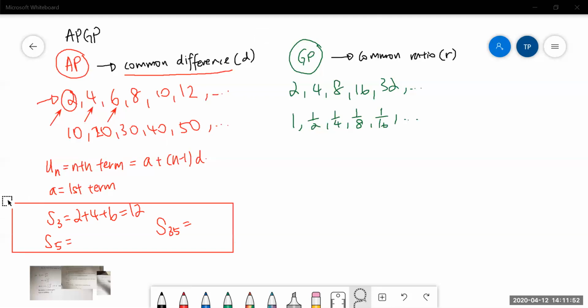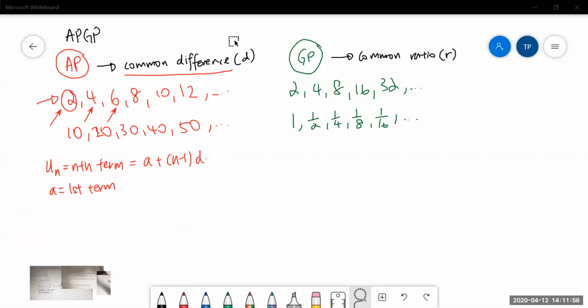Okay, so now I'm going to introduce the formula. What's Sn again? Sn is the sum of the first n terms. Always remember that.